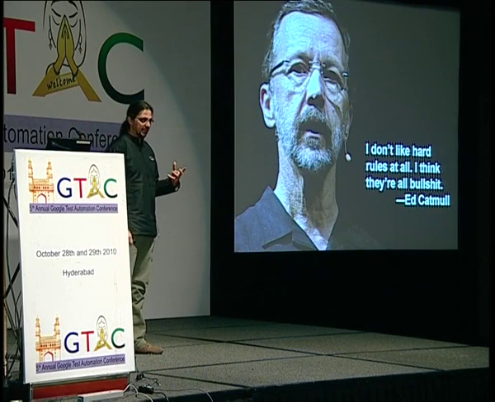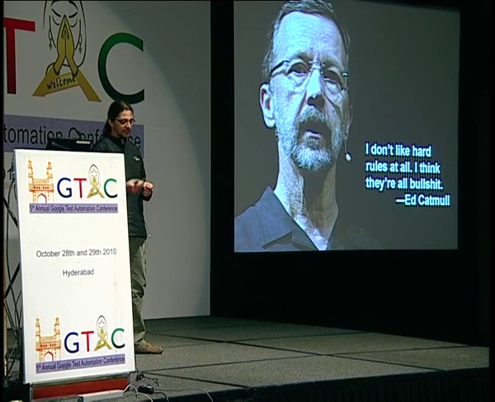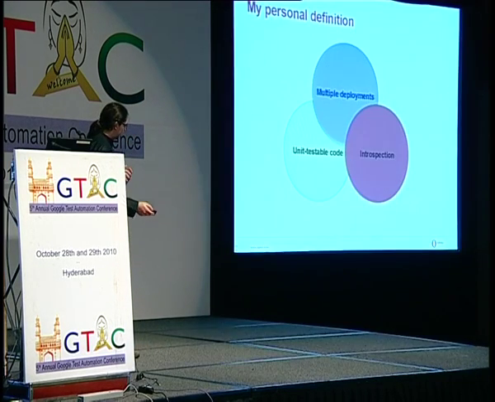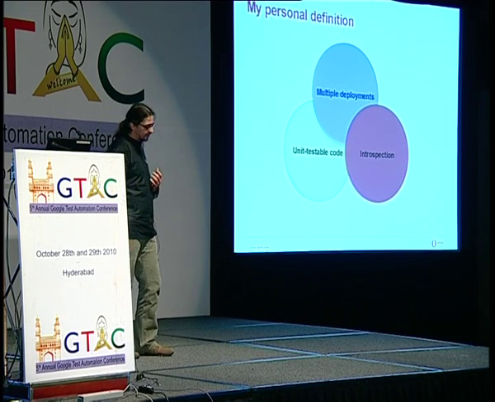So I don't really believe in definitions or processes that are rigid or strict. I like that things are adaptable. So that's why I'm going to give you a sort of vague notion of what I have in mind when I say testability. Those 3 things are the ones that you can see there.